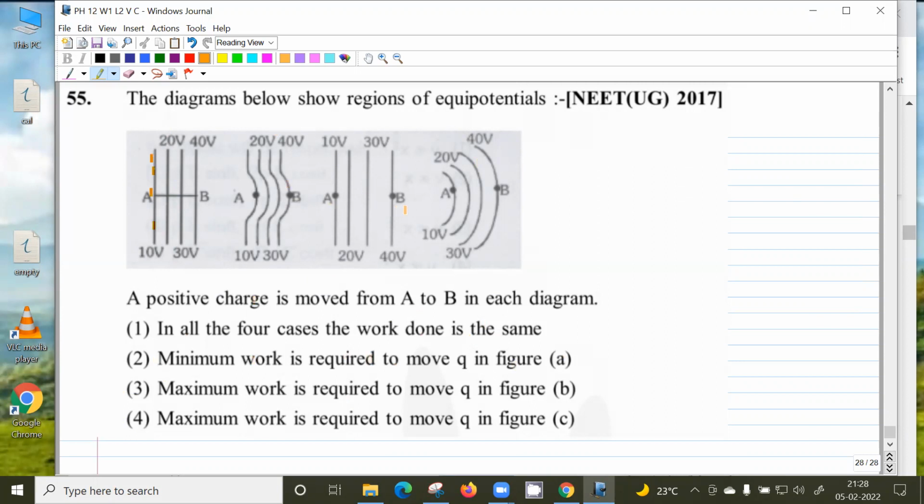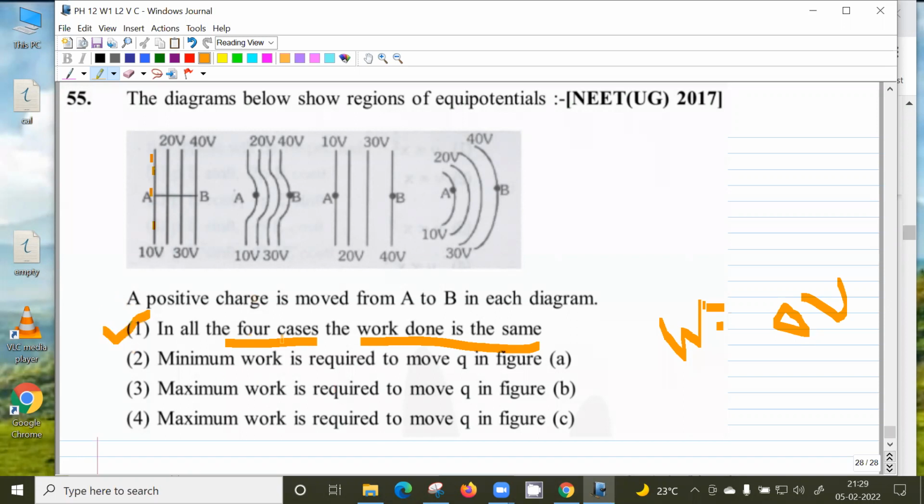Is option 1 true? In all 4 cases, the work done is the same. Work done is proportional to potential difference, right? So one is true, right?